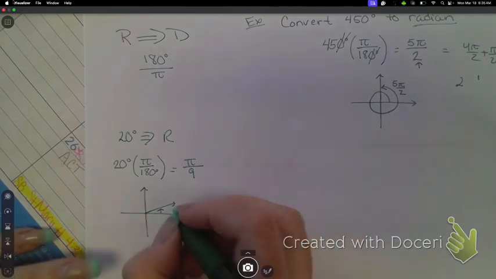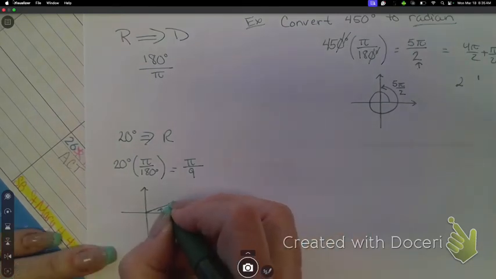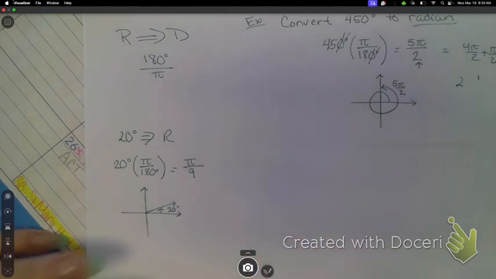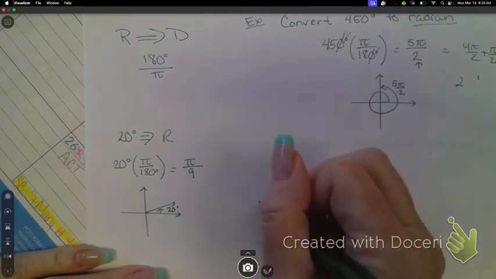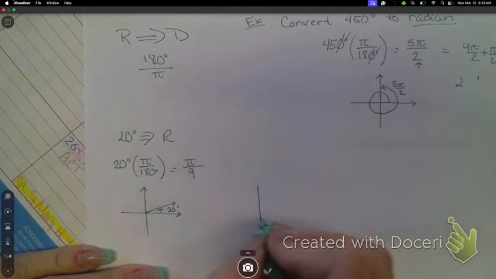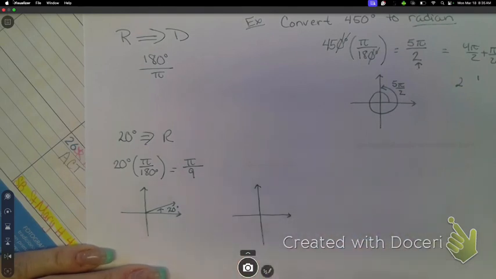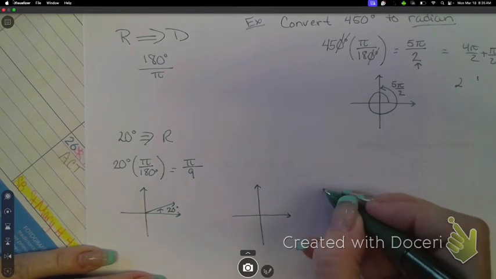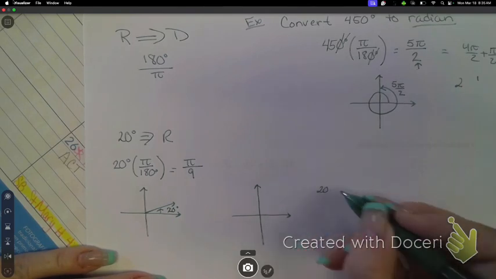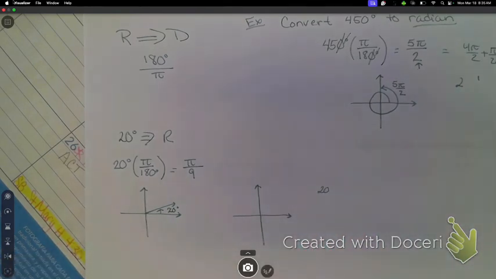So this is 20 degrees, right? But I want to show you what 20 radians looks like. Okay, well, 20 radians, how many radians are approximately in a circle? 6.28. So how many rotations is that?